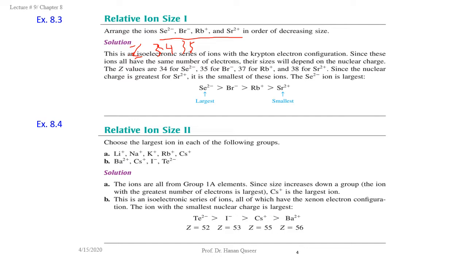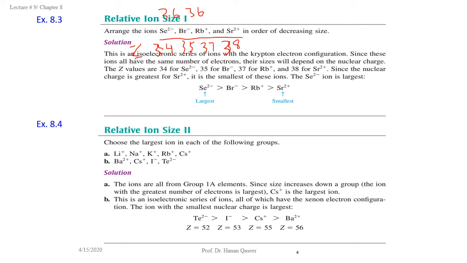Rb, 37. Sr, 38. This is Z. Now you have to calculate the number of electrons. For Se2 minus, we have 36 electrons. Br minus 1, again 35 plus 1, 36 electrons.